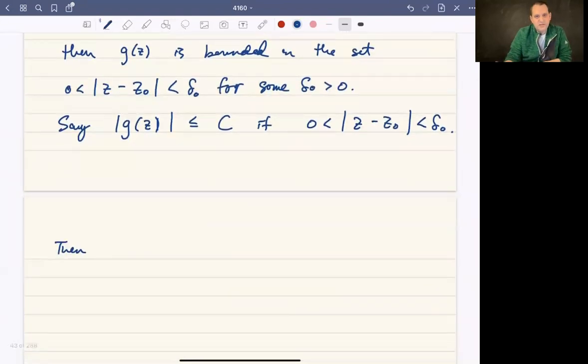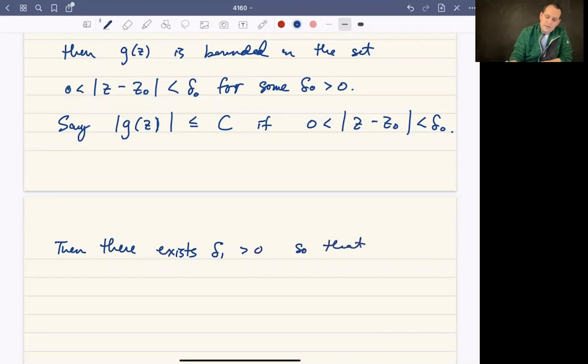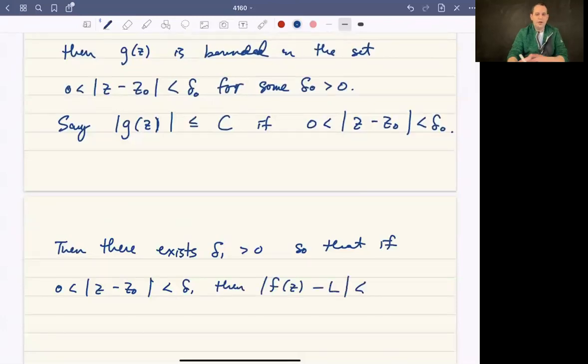Then, because the limit of f is equal to L, there exists a value delta 1 so that if 0 is less than the modulus of z minus z naught, which is less than delta 1, I'm going back to talk about f, then the modulus of f of z minus L is less than whatever we want.